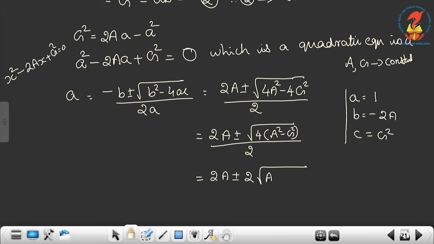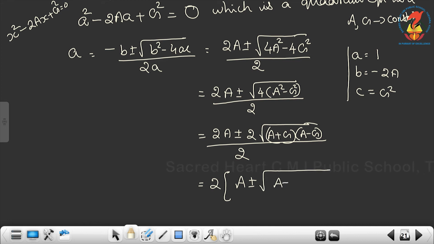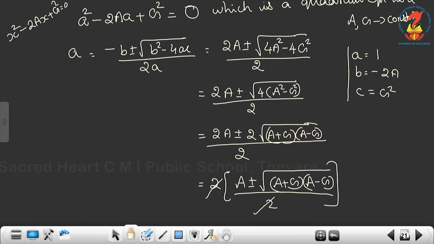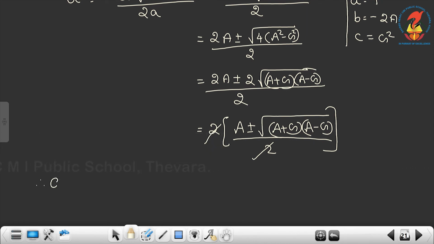A square minus G square we can factorize as (A plus G) into (A minus G), and the 2s cancel. So a is equal to, a is one of the numbers, that is A plus or minus root of (A plus G) into (A minus G).